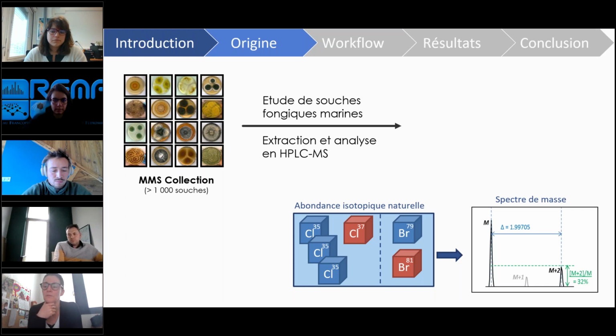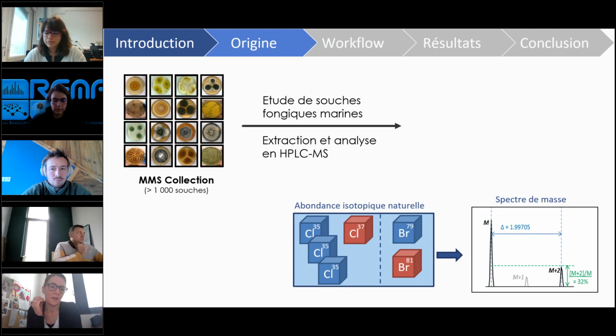This is the example of a spectrum for a monochlorinated compound. There is also a second aspect, what we call the mass defect between the M and the M+2, which is around 1.997. If you do high resolution mass spectrometry, it's also something you can measure.